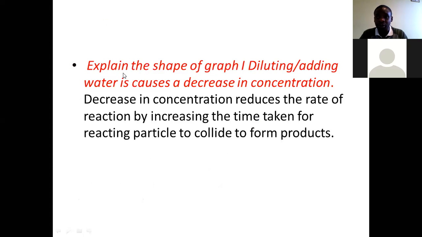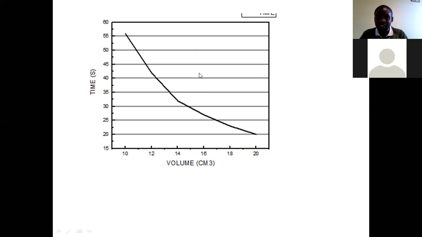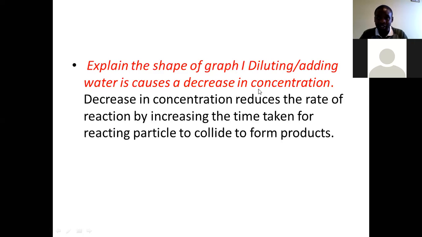Explain the shape of the graph which I've shown you on the previous slide, which is when water is added to decrease the concentration. So actually the answer here is trying to explain this curve. It is that when water is added, it causes dilution, which leads to a decrease in concentration.